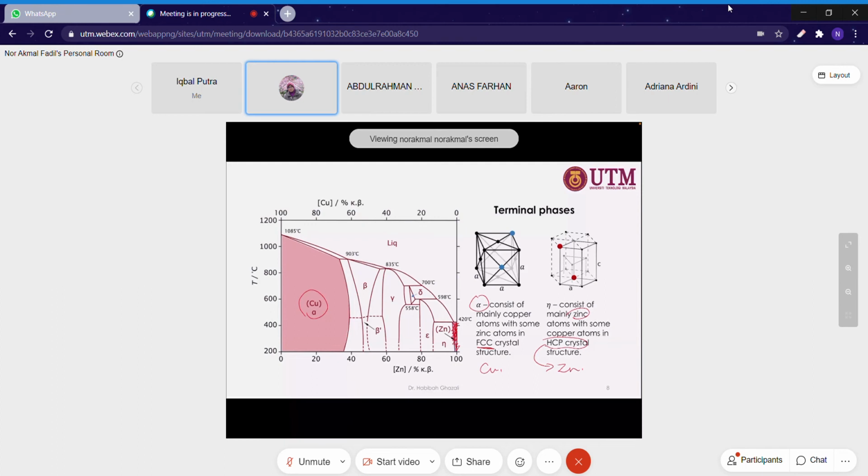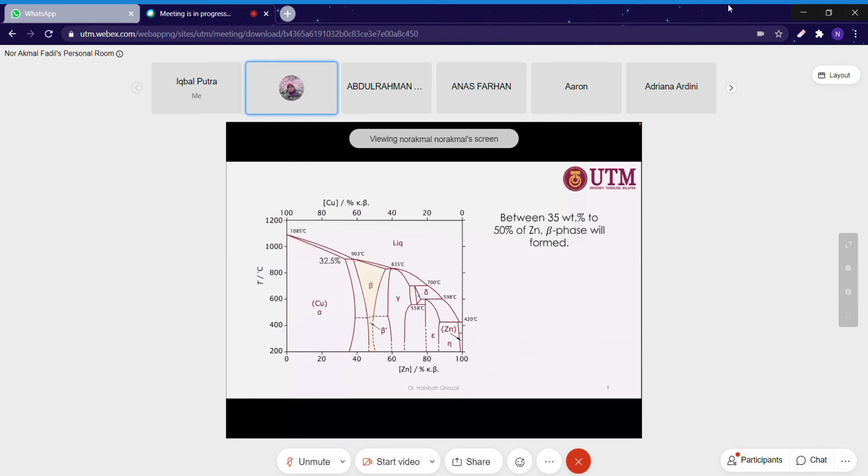But for a complex phase diagram like this, where you can observe various intermediate phases, they change the crystal structure. For example, the beta phase contains a BCC crystal structure. It changed in terms of the crystal structure.